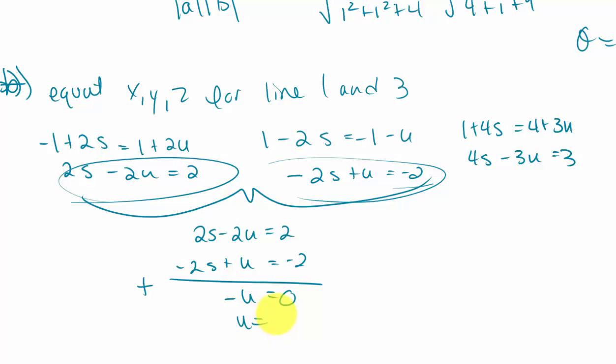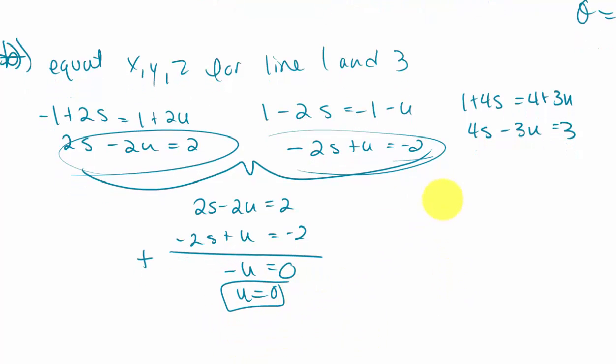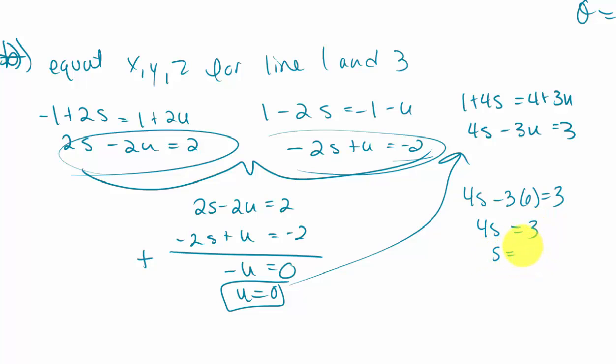So now that we have u is equal to 0, we can solve for s. We can actually plug it into any equation. Because we have to check it anyways, 4s minus 3 times 0 is equal to 3. So 4s is equal to 3, so s is equal to 3 over 4.